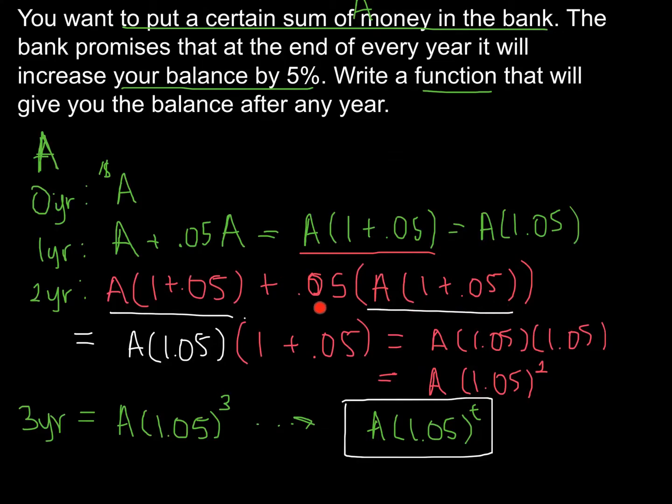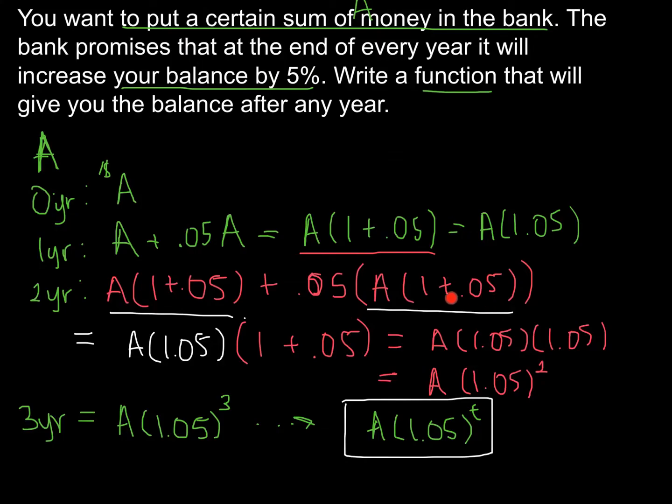Think about it. We move down here. Well, we do that whole step again, right? We take whatever we started with. In this case, we have A times 1 plus 0.05, and we multiply that piece by the 0.05. So we have a 1 and a 0.05 piece.